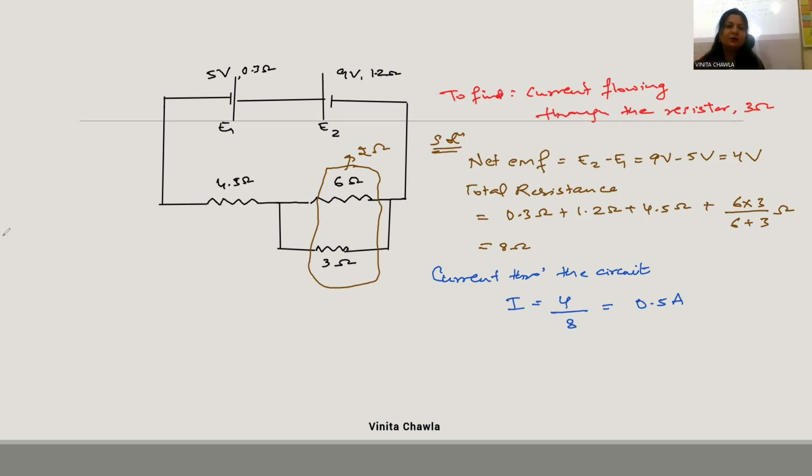Now we have to find current through the 3 ohm resistor.